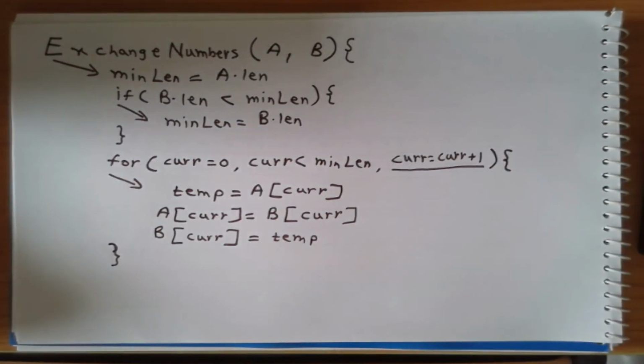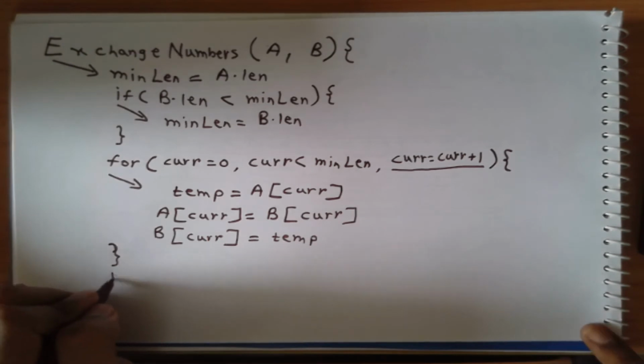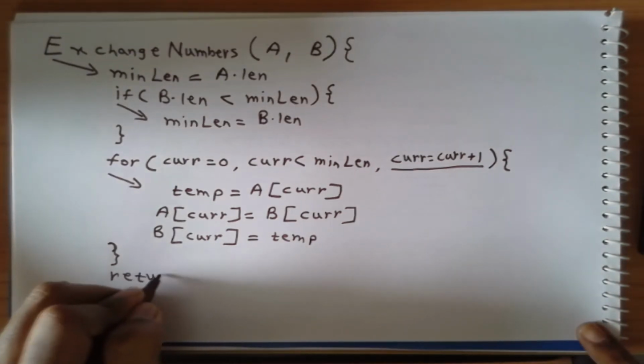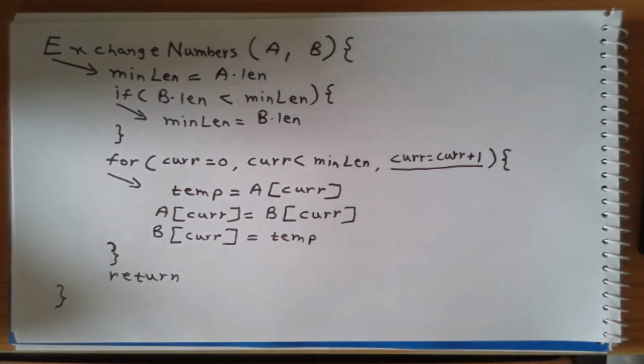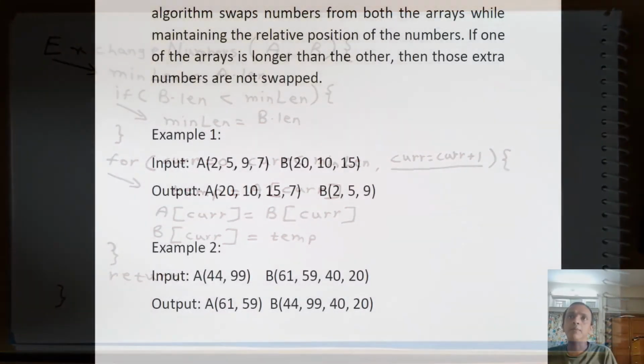This will go on till I reach the minimum length. And once I finish that, I would just return. Then I will have the closing braces. So that's my exchange numbers function, and let's see how it works for the example that we have.